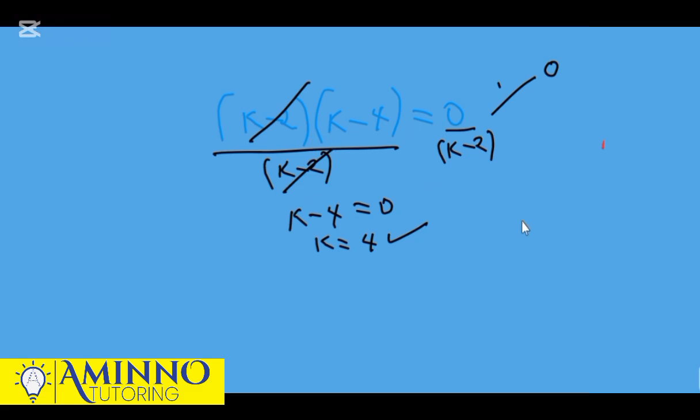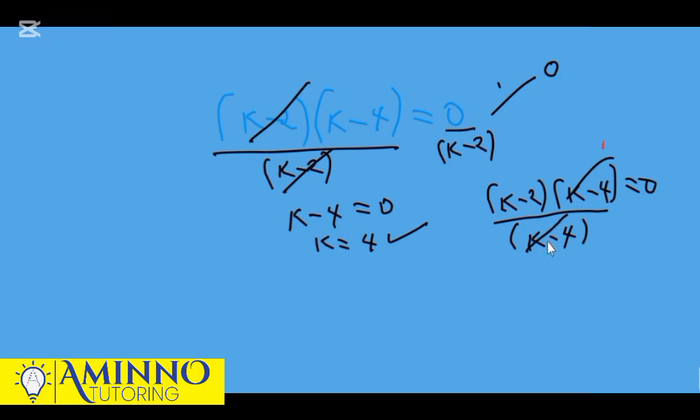To obtain your second k, the same thing we have here, which is k minus 2, k minus 4 equals to 0. This time around, you're dividing here by k minus 4. Such that this will cancel this. This k minus 4 will still give you what? 0 here.